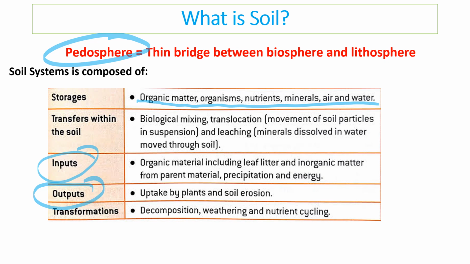It will release heat back into the atmosphere, and there are transformations happening in soil, the main one being decomposition, where the organic matter is broken down, but also weathering, where rocks are broken into soil particles, and nutrients are obviously linked directly to that, broken down and reabsorbed into plants.